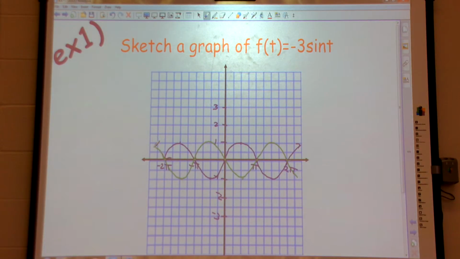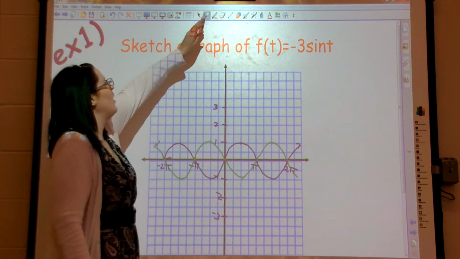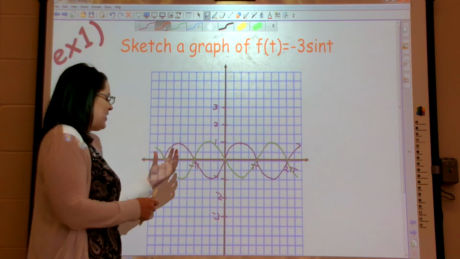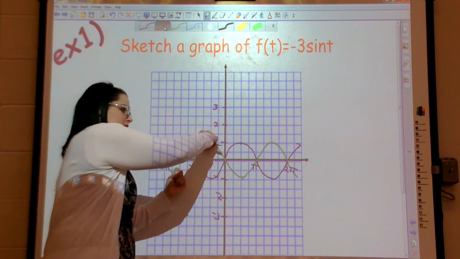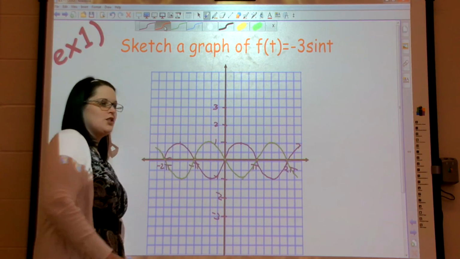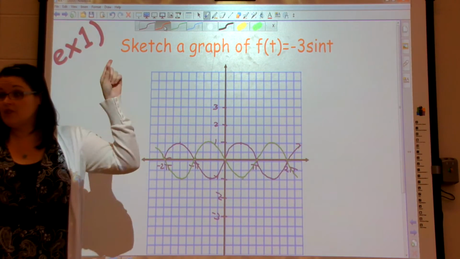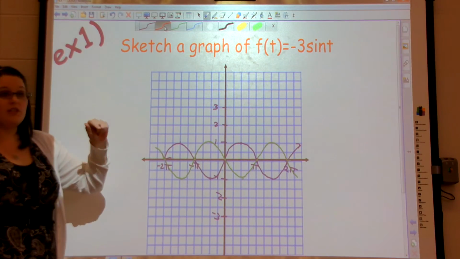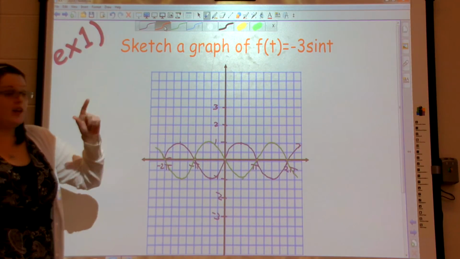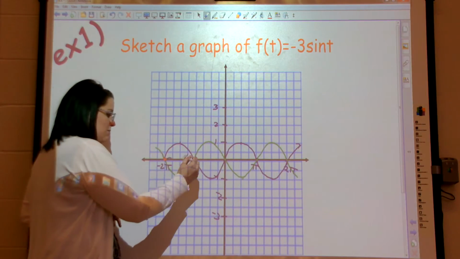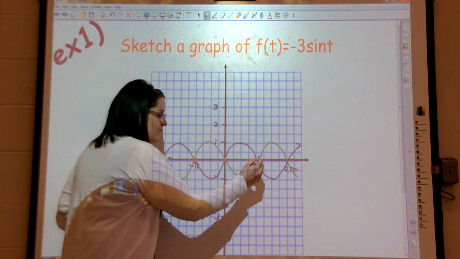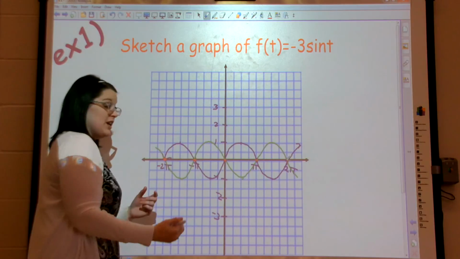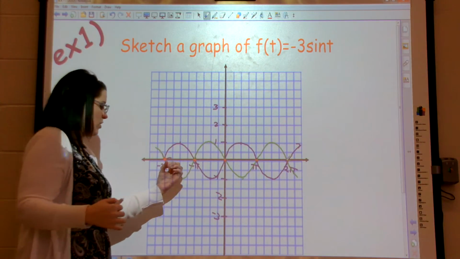Okay, new color. Let's stretch. When you stretch, it's like I'm taking the bottom and the top and literally stretching it by 3. So I'm stretching by 3. Will that change my zeros? No, not at all. Those zeros are still going to stay put. Don't take your original, take the one before it.